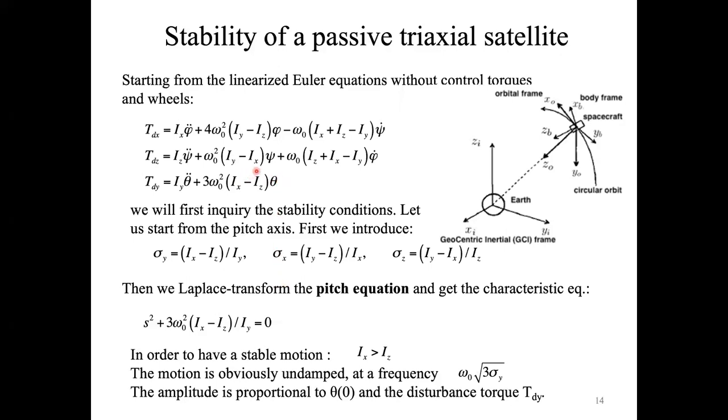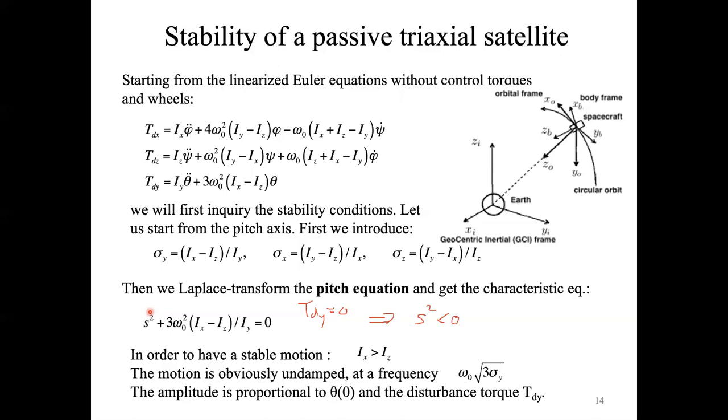So what we are going to have here is this characteristic equation, and assuming that, for example, T dy is equal to 0, we are considering only the associated homogeneous equation. Well, the first thing that you have to know is that, of course, in order to have a stable solution, s squared should be less than 0.